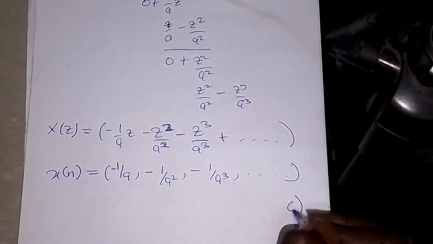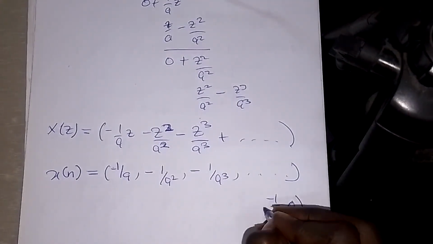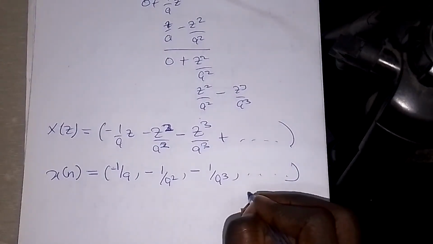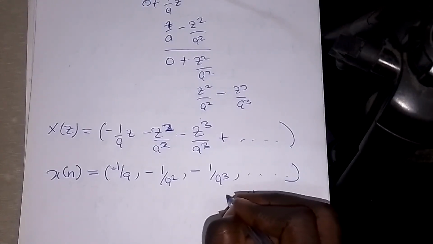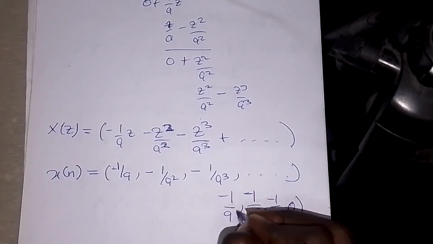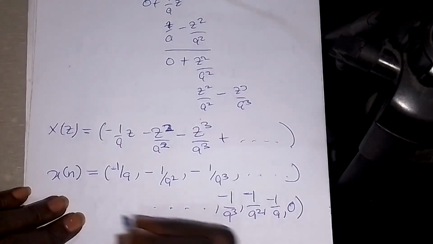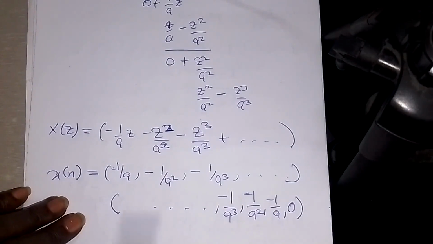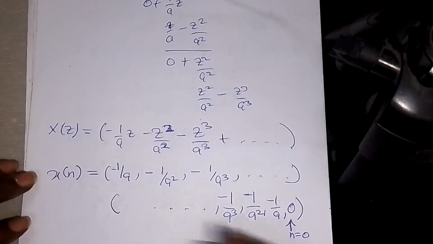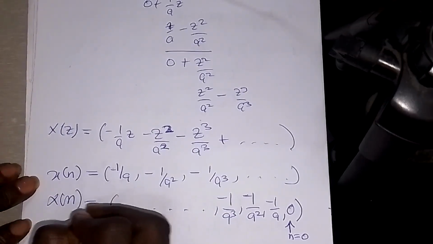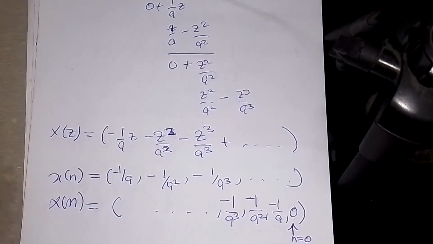So I must start from 0, comma, the next one, minus 1 over a, comma, the next one, minus 1 over a squared, comma, the next one, minus 1 over a cube, and it is going to infinity. So this should be the right way that I must write my answer. Here n is equal to 0. So here x of n is equal to this.